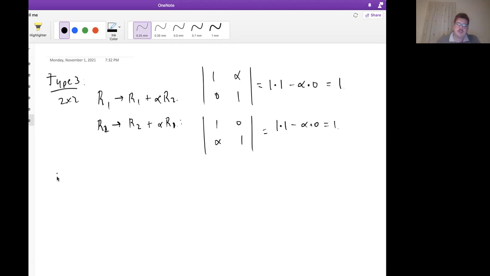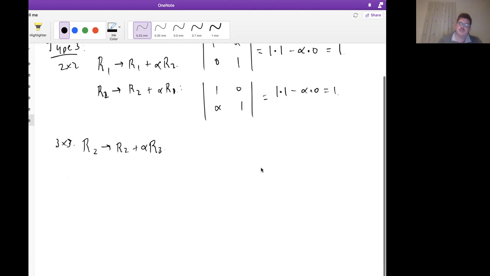So let's see the same thing applies for a 3 by 3. Someone give me the matrix that does row 2 to row 2 plus alpha row 3. Someone give me the first row. 1 0 0. Someone give me the second. Good. 0 1 alpha. And the third row 0 0 1.